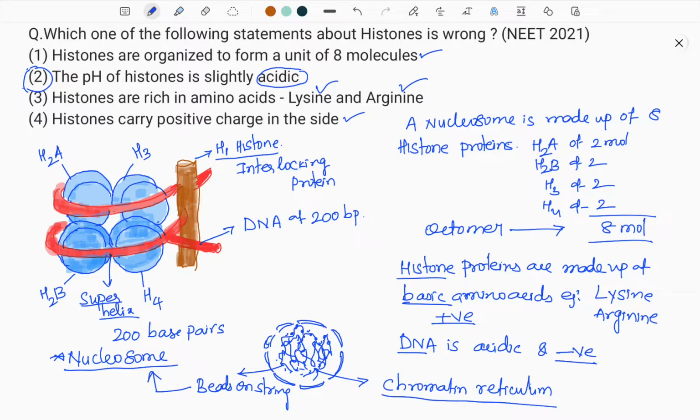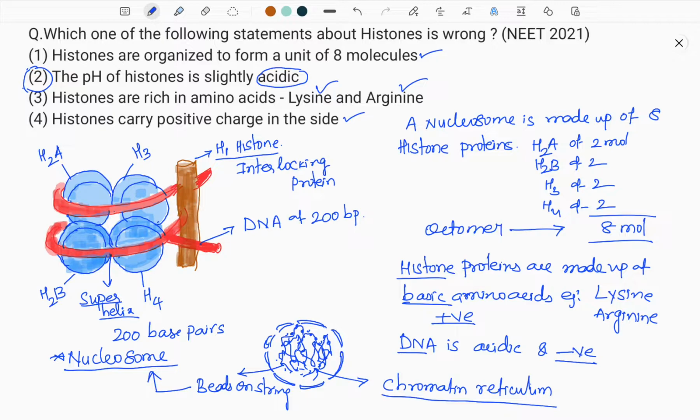Hope the diagram is very well understood to you. And once you have understood the concept, any type of question that can be asked, you can do that. For example, I'll ask you one question: how many H2 proteins are present in one nucleosome? You may say it is 2, that is wrong. H2A, H2B, total 4 proteins are present of H2.